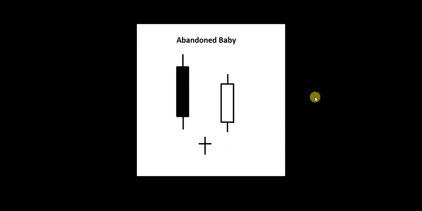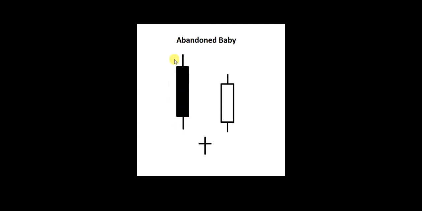So the next one is the abandoned baby. The abandoned baby is a type of reversal candlestick pattern that can occur at the end of a bullish trend or at the end of a bearish trend.